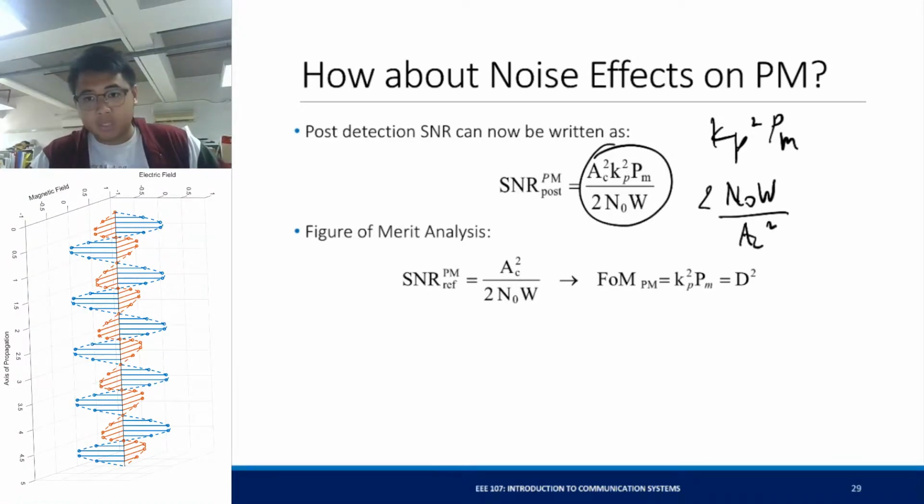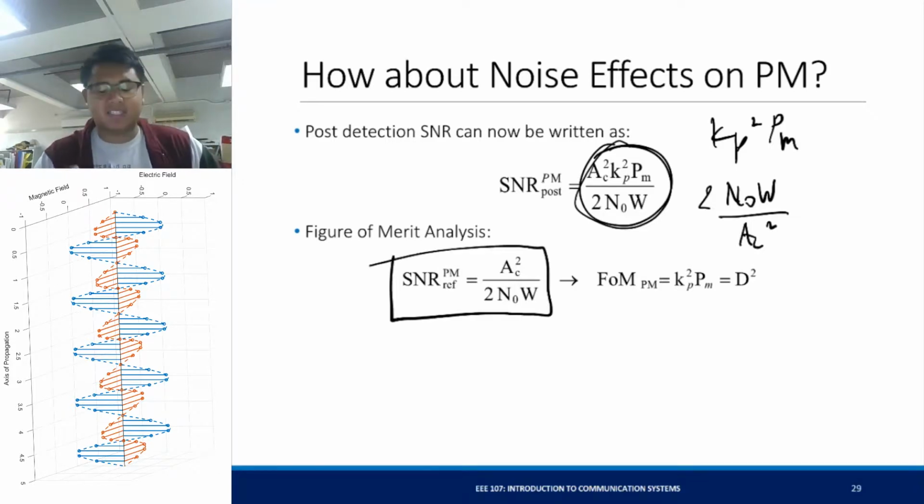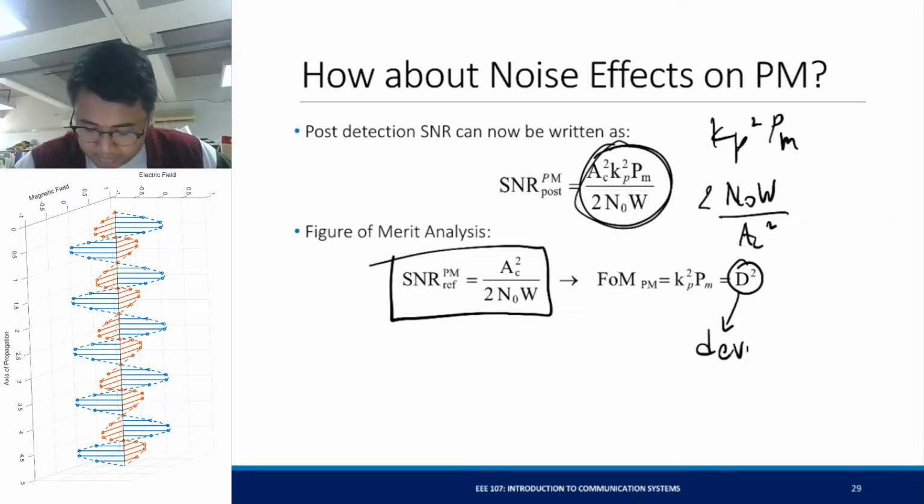So dividing this with that, you get the post-detection SNR, the same analysis to get the reference SNR of your phase modulator. We get a figure of merit that is equal to the deviation ratio squared.